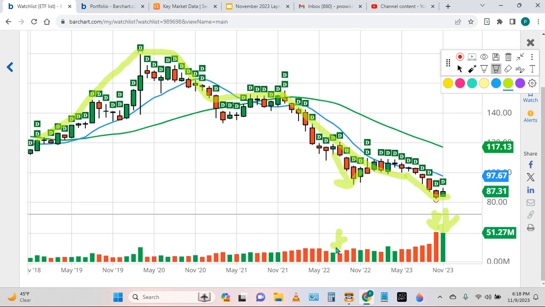So you kind of watch when the volume dries up. What happens after the volume dries up is another interesting thing to watch. You also see on this large candle or bar, see how large that bar is? That's called a range expansion bar, and that happened on volume, indicating kind of the top of that market. So that's one way to use volume.